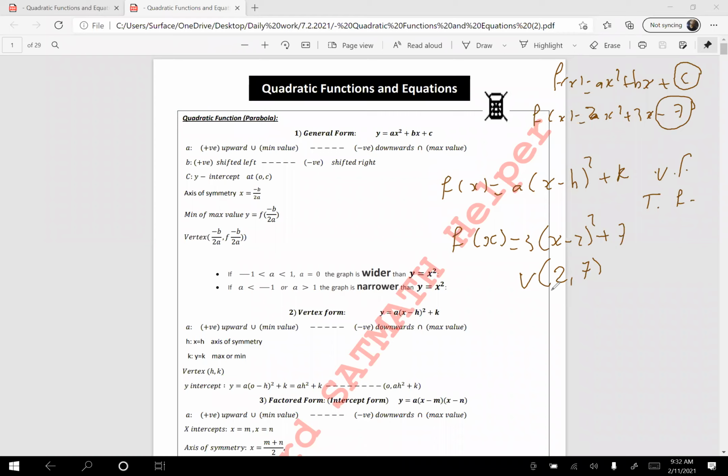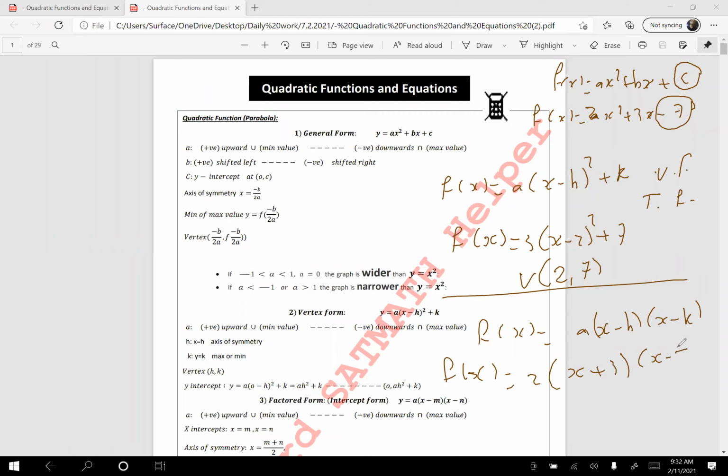You can say that, okay? The third one is f of x equals a times (x minus h) times (x minus k). For example, f of x equals (2x plus 3) times (x minus 5). Then this is the x-intercept or factored form, and the x-intercepts are negative 3 and 5.